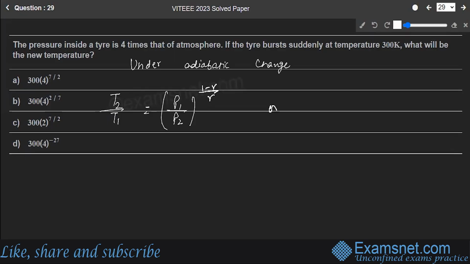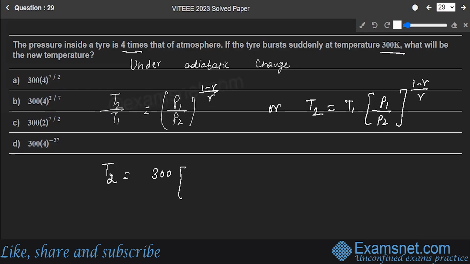Or this can be written as T2 is equal to T1 into (P1 upon P2) raised to the power (1 minus gamma) upon gamma. So you have T1 as 300 Kelvin, and the pressure inside the tire is 4 times that of the atmosphere. So P1 upon P2 is equal to 4 upon 1.